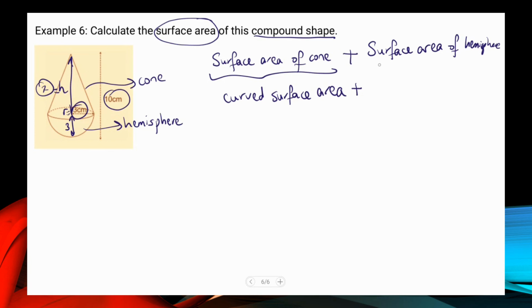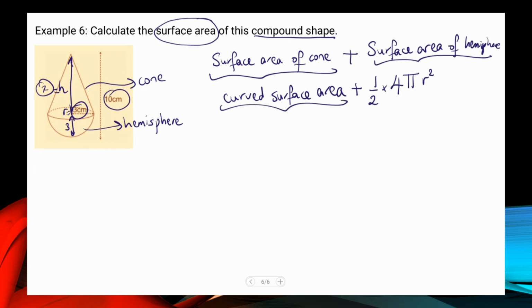So for the surface area of the hemisphere, let's remember the surface area of a sphere. Surface area of a sphere is 4πr², and you need to take half of it. So times 1/2 will give you half of it.